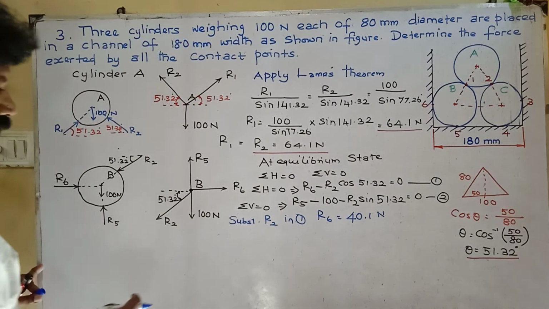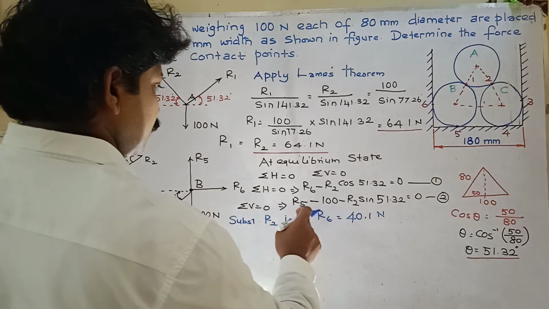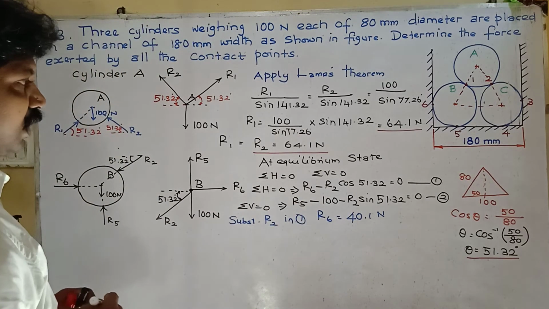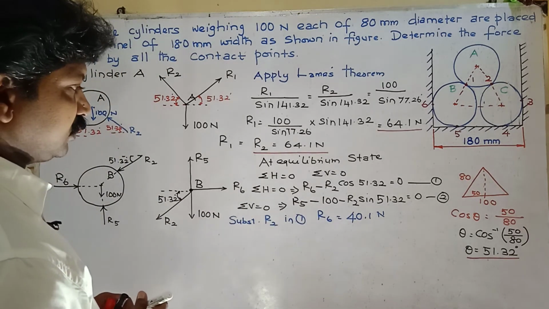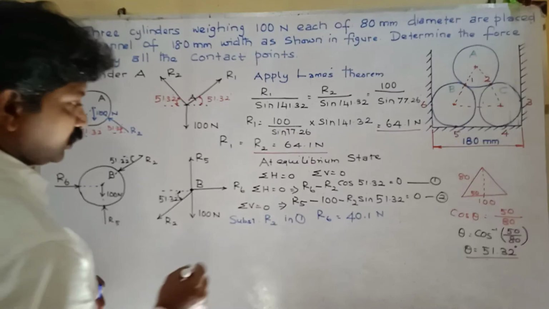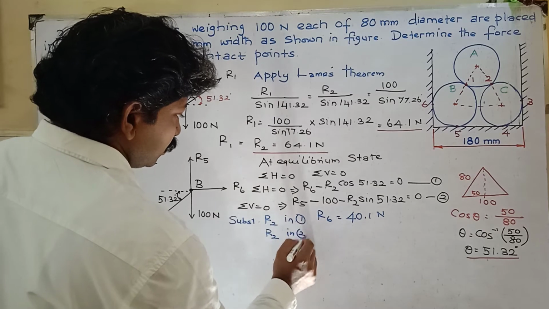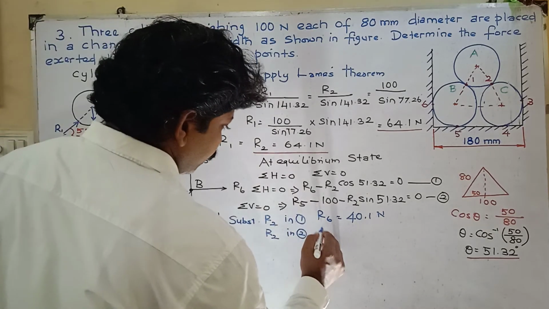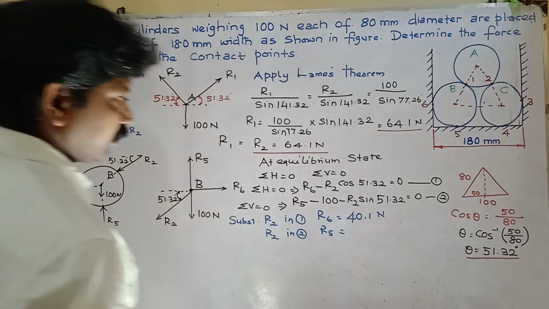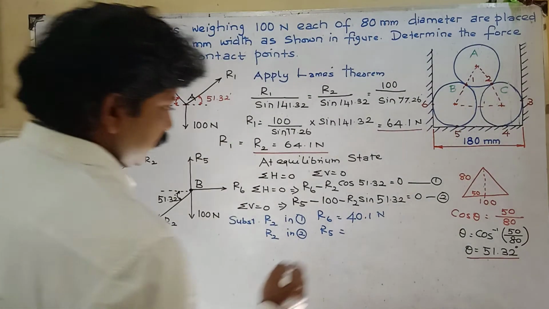And substitute R2 in equation 2, find the value R5. R5 equal to 150 Newton.